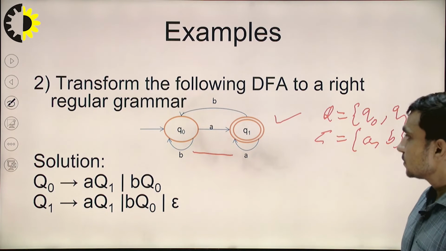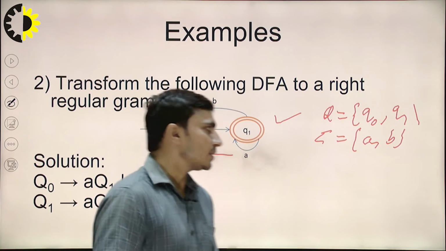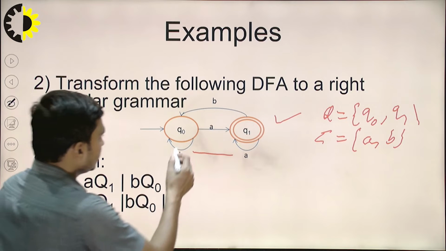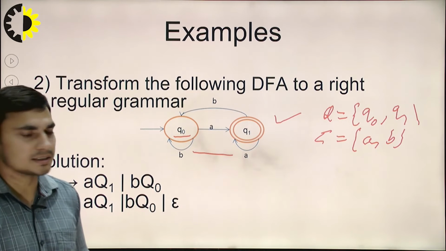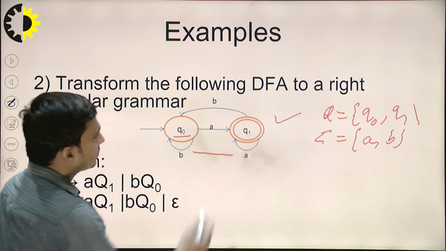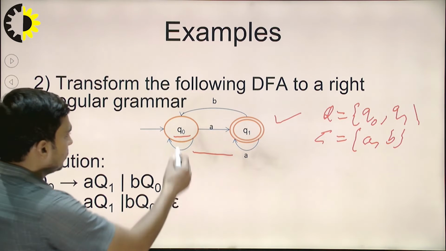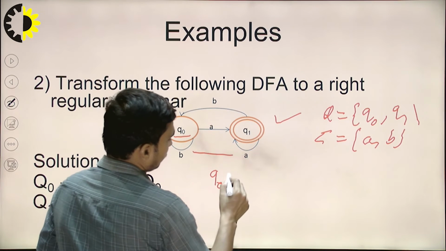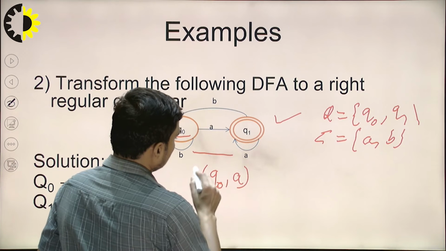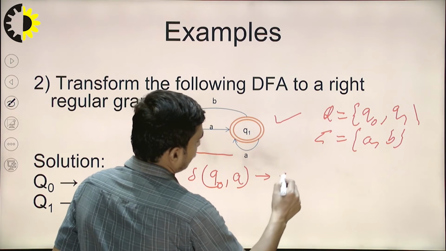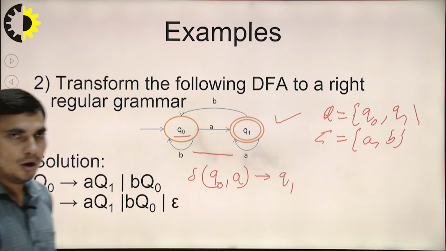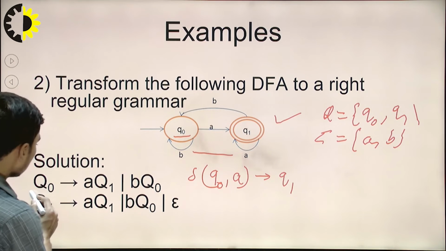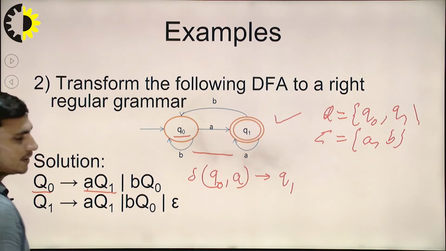Now for that DFA, the transition rules. We start from Q0, the initial state. If we are reading a on Q0, the next state is Q1. For that we create a production rule: Q0 = aQ1.